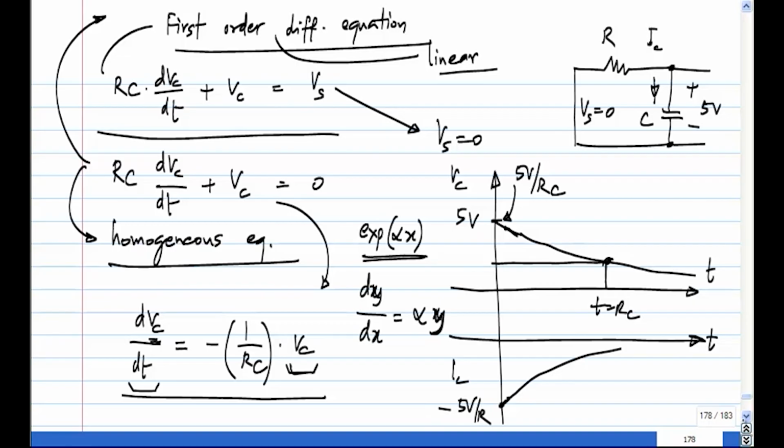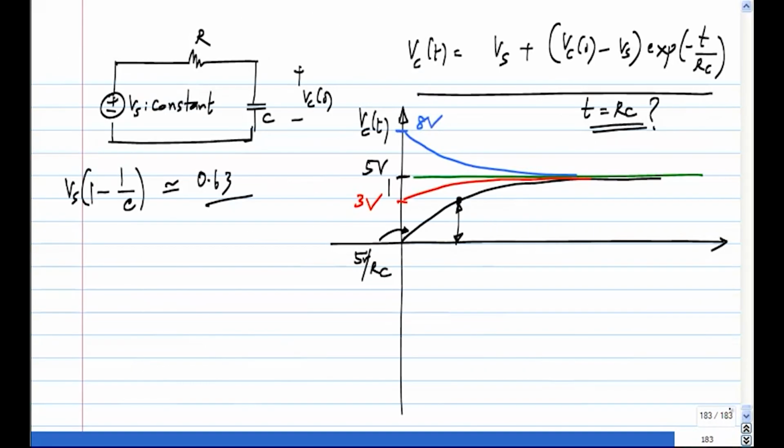So basically it changes by about 63% in one time constant. And that is true wherever it starts and wherever it finishes. If you define this as 100%, in one time constant it would have gone 63% of that. So these are all some useful things to remember. Not necessarily memorize, but understand and remember.